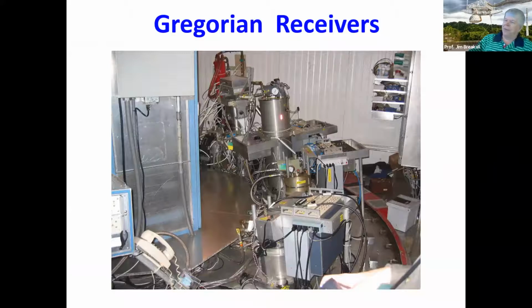Inside the dome now, standard antennas could be put in there, and they were put on a rotating floor inside the dome. So if they wanted to go to some frequency, they would just rotate the floor to that focal point. And then these are all the receivers above the antenna. The antennas are down below the floor, and I'll show a picture of that. And then these are the receivers.